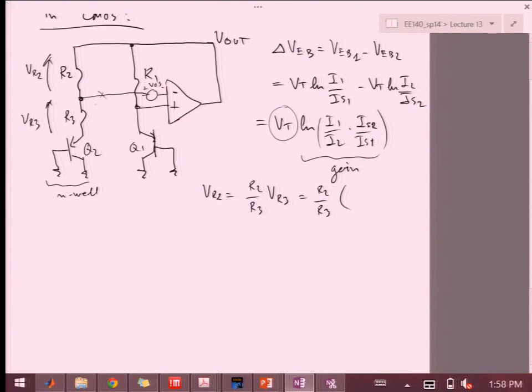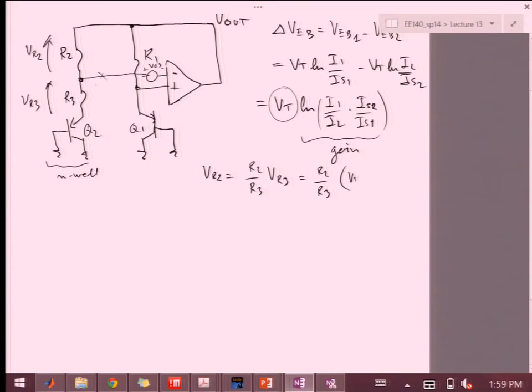And then just for VR3, we have this KVL loop over here that is VEB1. So that's this. This is VEB2. So we have VEB1, and then we're using the negative feedback property that V plus equals V minus. So then we have the offset voltage of the op amp, and then we have VEB2 minus VEB2.